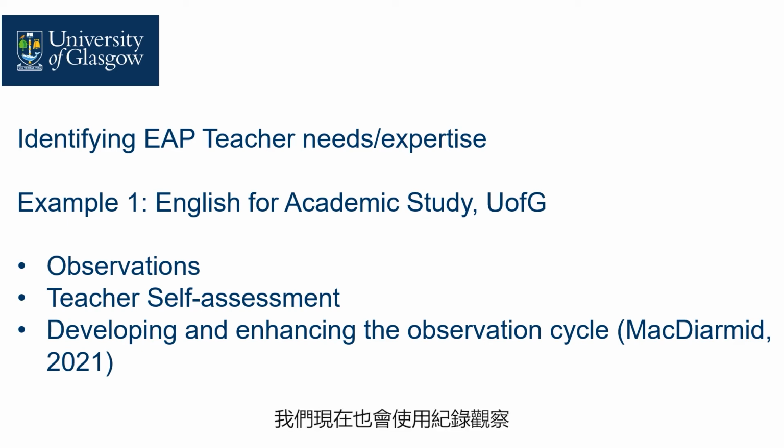We also make use now of recorded observations, and we've built in more collaborative planning opportunities where groups of teachers will plan for an observation together, each teach their own lesson, and then discuss afterwards how that went. So these areas help us identify areas but also help teachers develop pedagogical content knowledge.